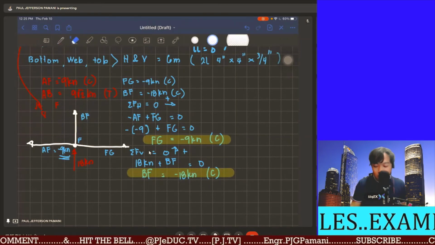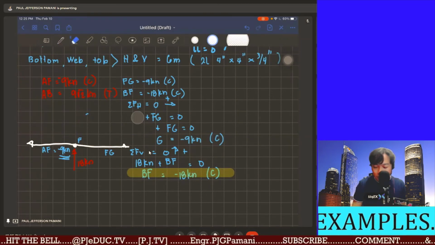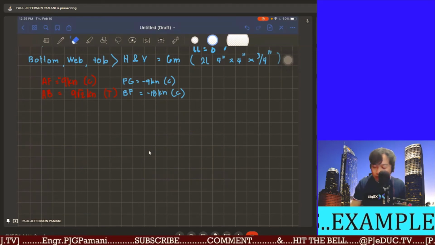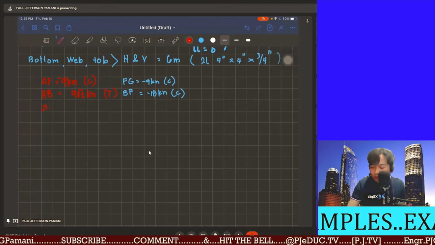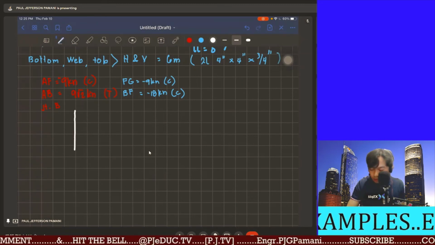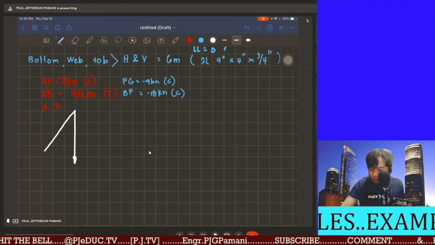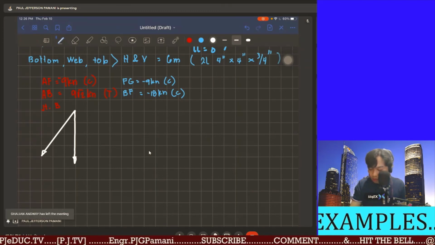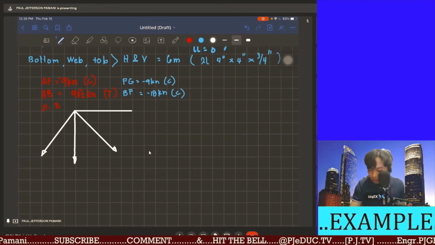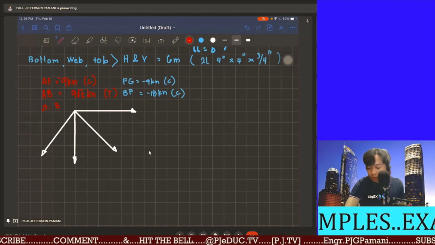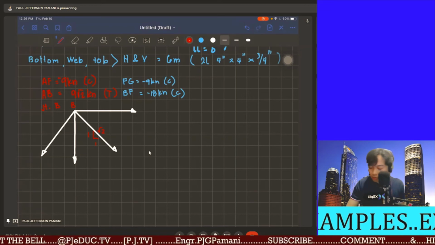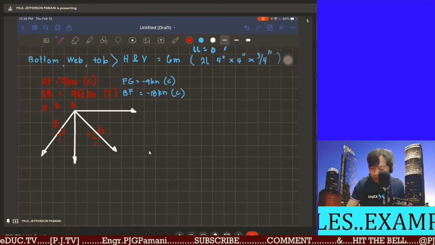Okay? Considering joint B. This is your joint B. Horizontal vertical component, horizontal vertical component.